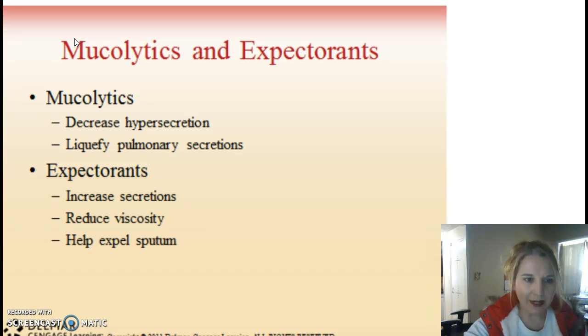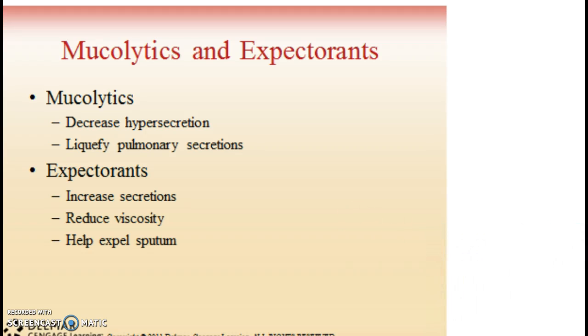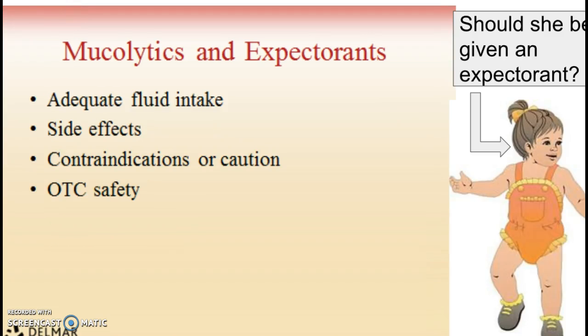The second category, expectorants, we see a lot more of those. And you can find this in your textbook, just right across the page on 507. So expectorants are going to be medications like Mucinex and Robitussin.